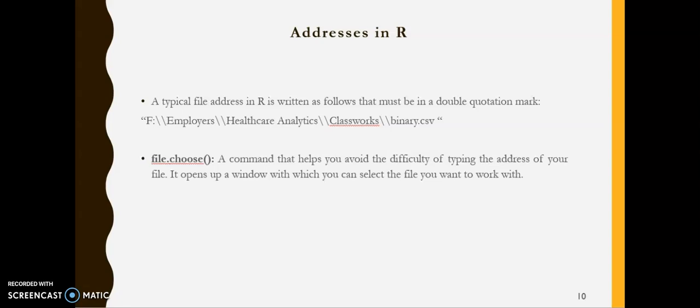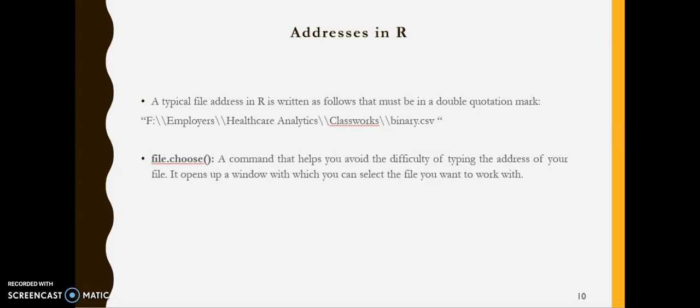Now that we know we can use CSV files, in fact spreadsheet structures, to create our databases or data sets in R, it means that when we are using R, we have our spreadsheet saved somewhere in our computer.